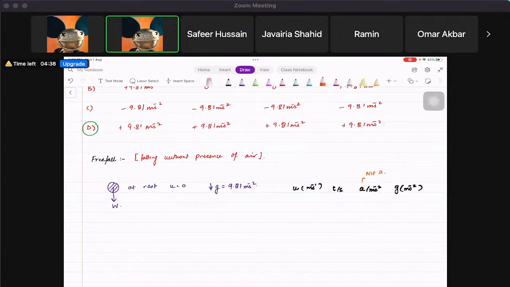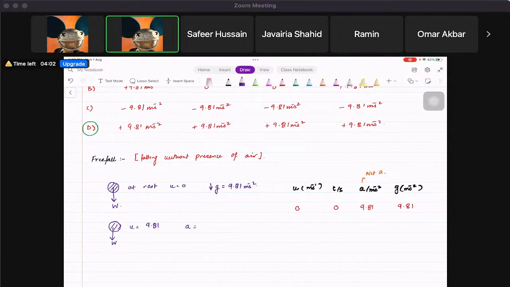When the time was 0, the speed was 0, and the acceleration was equal to g, 9.81, the moment it started falling. The weight is still the same, and now the speed is going to increase to 9.81, and the g is still the same.